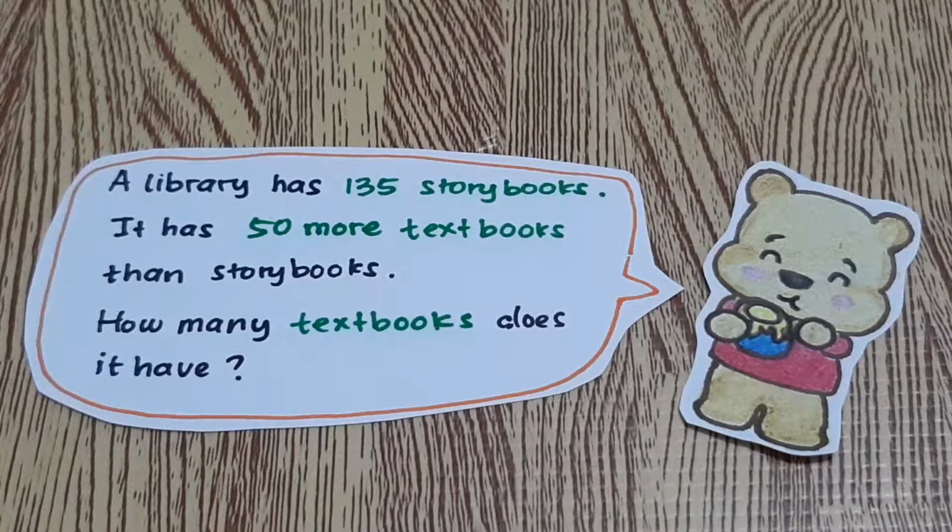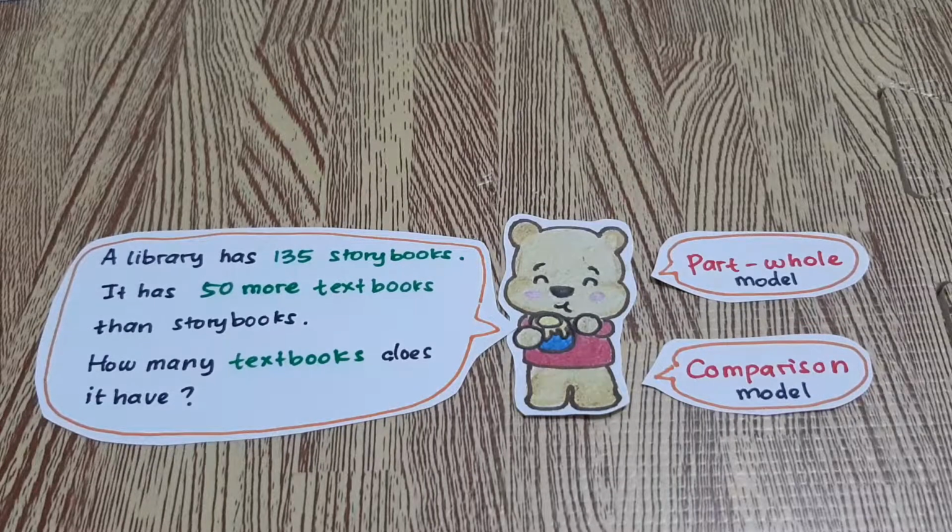Let's take a look at the first question. A library has 135 storybooks. It has 50 more textbooks than storybooks. How many textbooks does it have? Okay. Is it a part whole model or a comparison model? Let's take a look at the sentence.